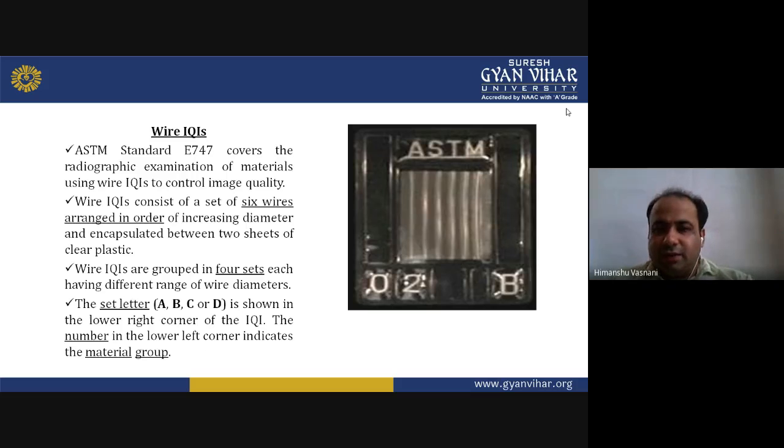You can see in this diagram there is a letter shown on the lower right corner, B here, and the number on the left corner indicates the material group. So this is what is called a wire IQI, wire image quality indicator.